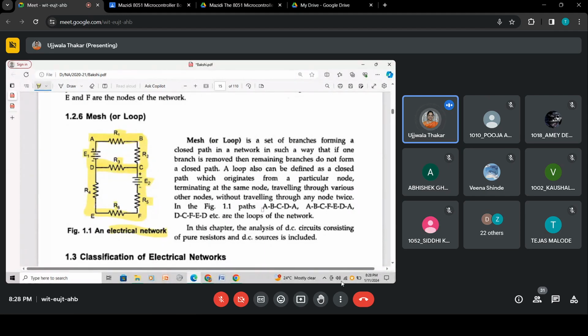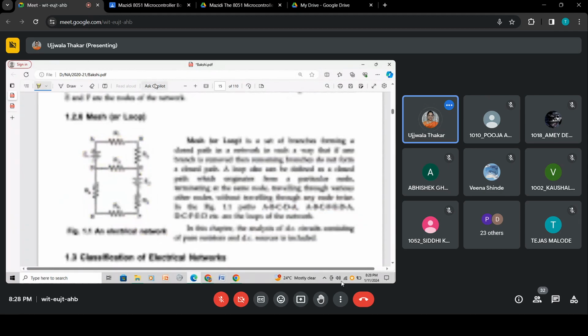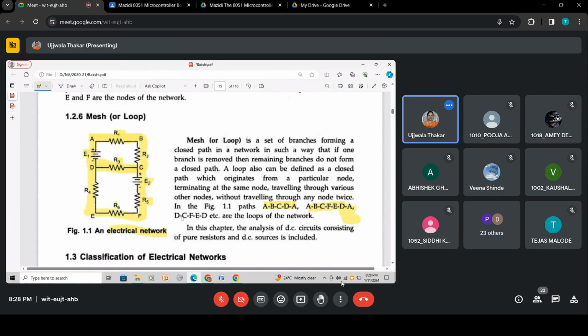Another loop is A, B, C, F, E, G, A. And this one is D, F, E. These are the loops. This is very simple to understand.